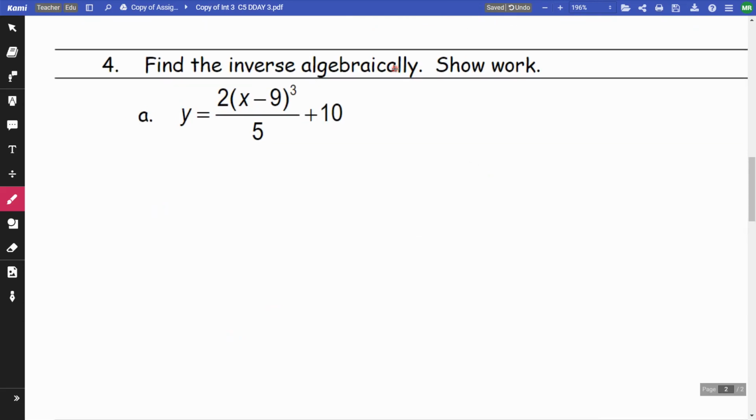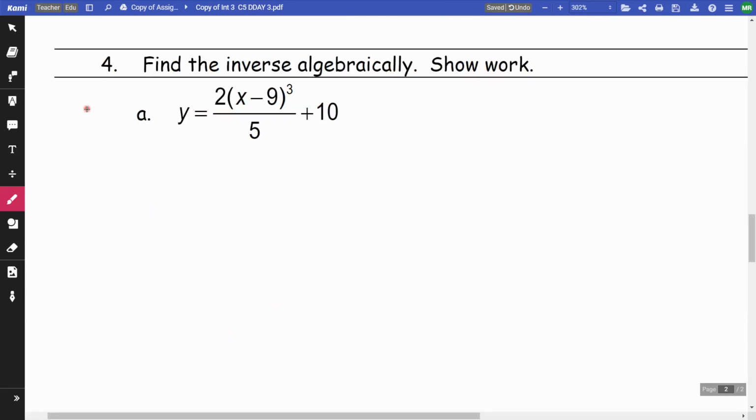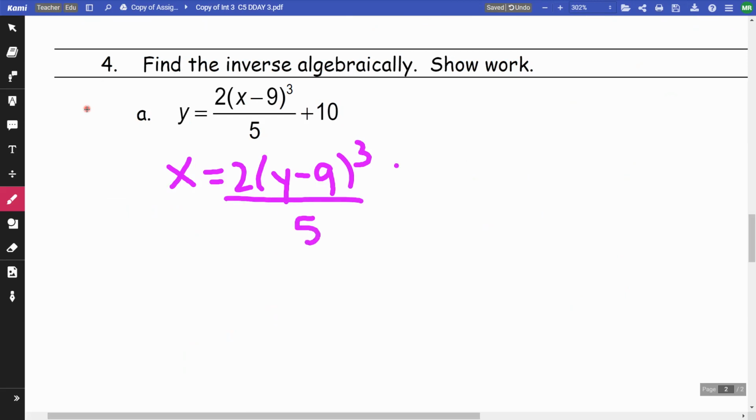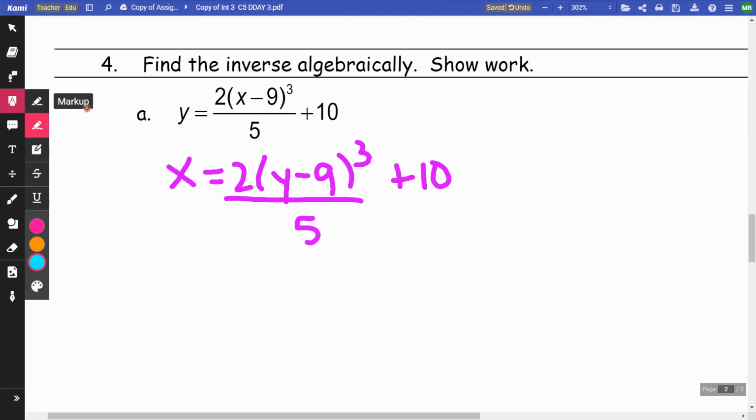Okay, on number 4, we want to find this inverse algebraically. So I'm going to switch my x and y. And then you want to pay attention to trying to get the y by itself in the order that we should do things in. So the first thing I'm going to do is get rid of whatever's being added or subtracted here.